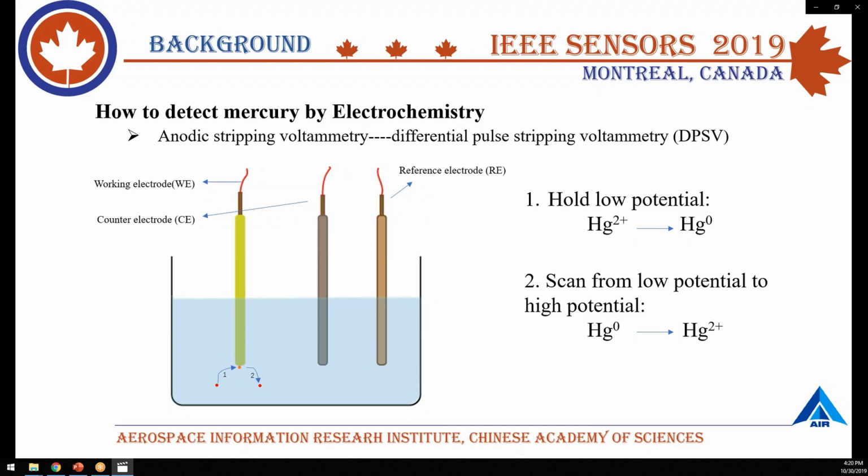Then, when the potential of the working electrode increases, the 0-valent mercury will be oxidized to bivalent mercury at the oxidation potential, so there will be an oxidation current peak, and if the concentration of mercury is increasing, the current peak will increase. So, we can detect the mercury by this method.